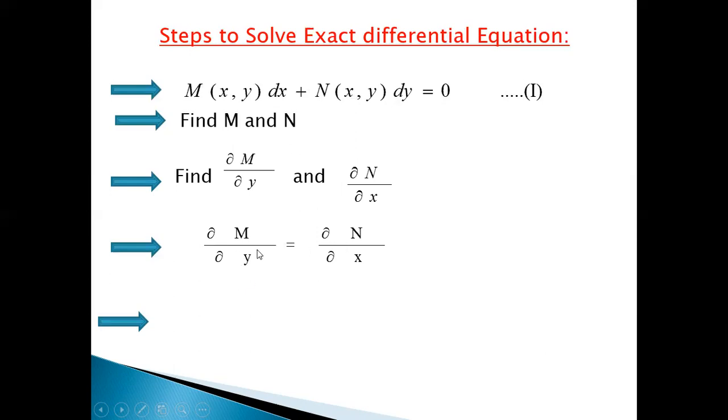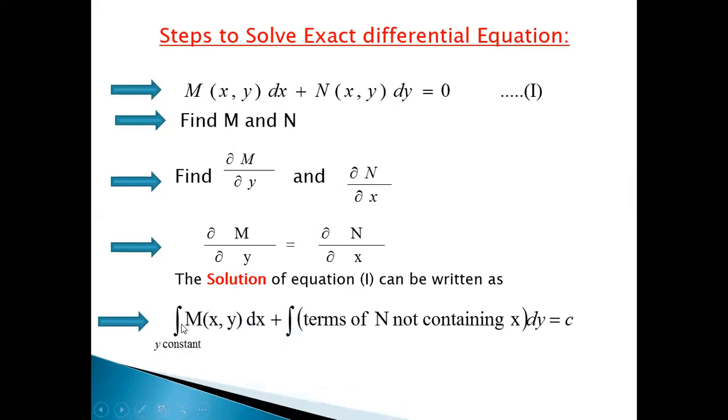Now, if the given differential equation is exact, the solution of the equation can be written as the integration of M with respect to dx where y is constant, plus the integration of terms of N not containing x, that is, we keep only the terms of N containing only y, with respect to dy, equal to 0.